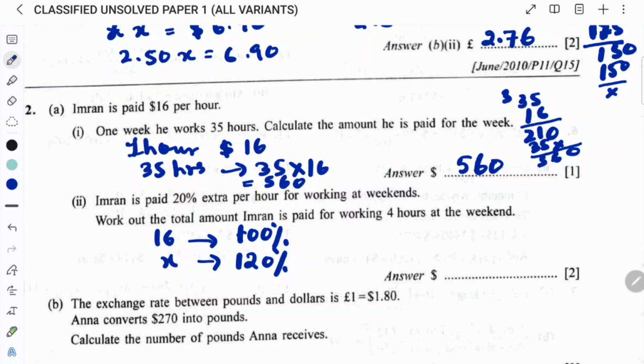So that is 100x equals 120 times 16. Okay, x equals 120 times 16 divided by 100. So that is the amount he's getting for 1 hour. Then we'll multiply 4 with it. So just cancel it and then simplify the number.